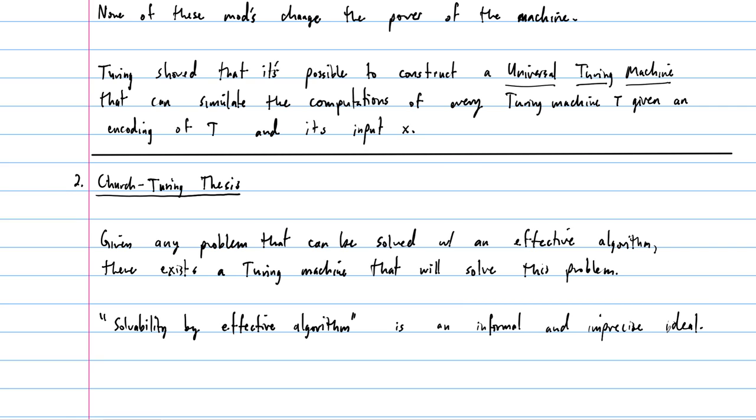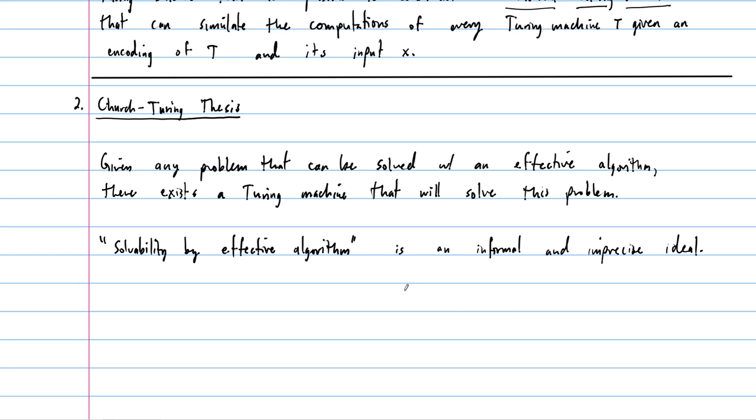This means that you can't just write down a mathematical, rigorous definition of what it means to be an effective algorithm. And for that reason, this can't be called a theorem, right? We can't prove this using mathematical rigor. It's not a theorem. It's a thesis.